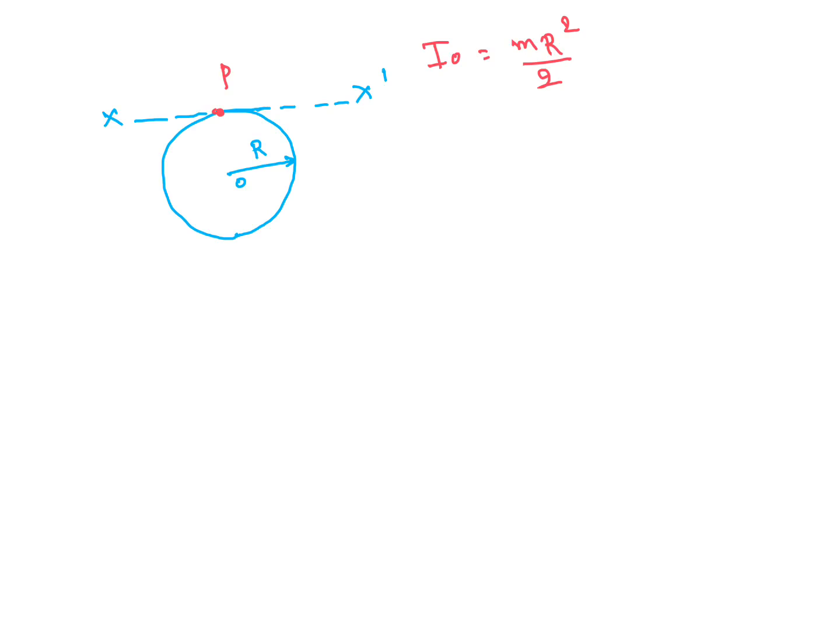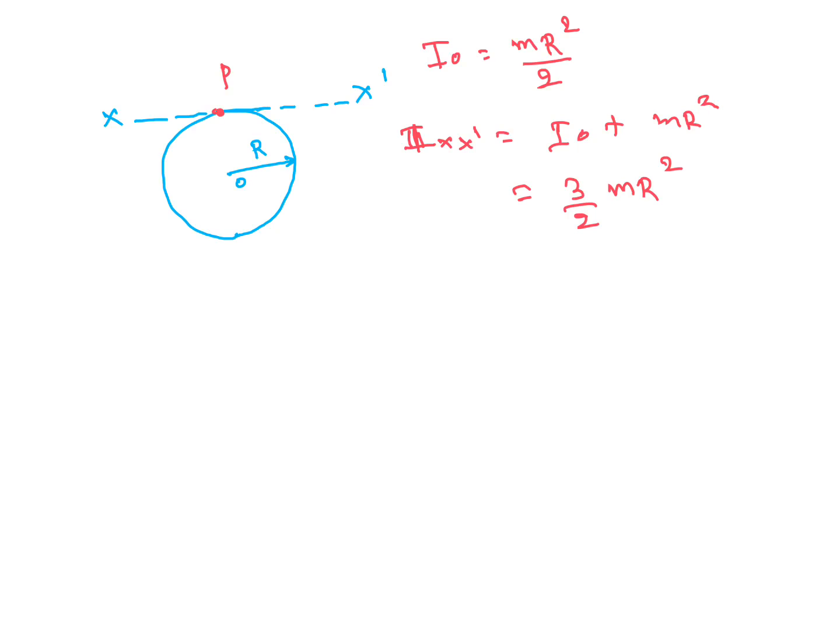For Ixx dash, we will use parallel axis theorem. Ix dash, it's Io plus mr square. So it will come Io is mr square by 2 plus mr square. It will come 3 mr square by 2.